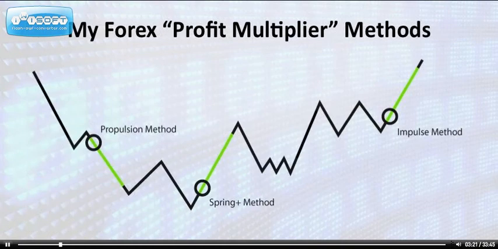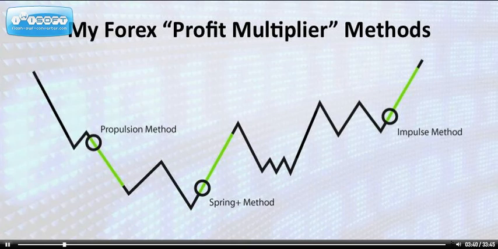Okay, let's see some trades in action so you can see what it's like yourself. Now we're about to deep dive on my Forex Profit Multiplier methods, but first take a look at this illustrative chart that shows you the kinds of market moves each of my methods aims to go after. One big mistake amateur traders make is that they think they have to be trading all of the time. Nothing could be further from the truth.